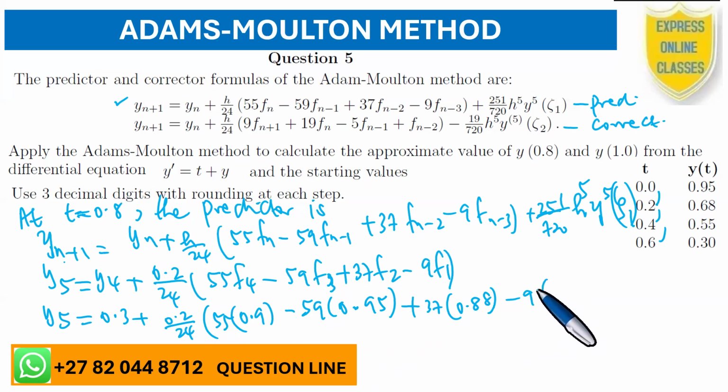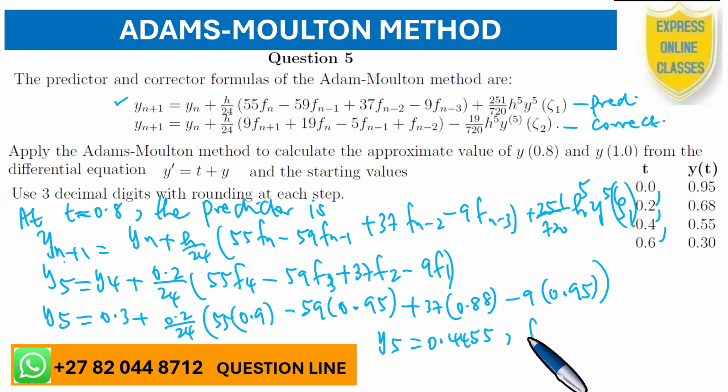F1 is 0.95, so that Y5 is 0.4455. F5 is 1.2455. Okay.